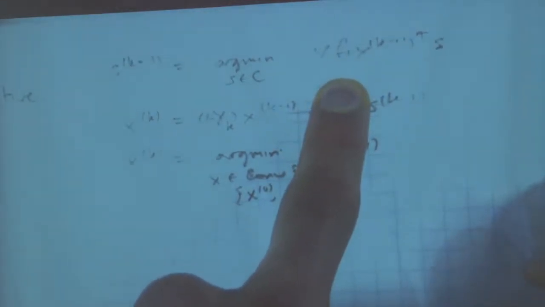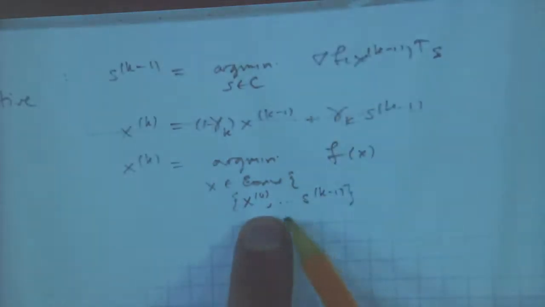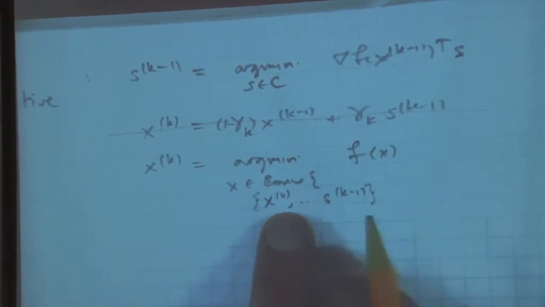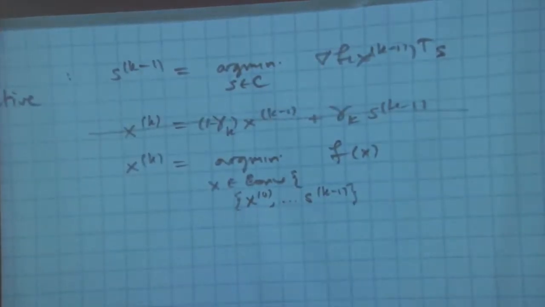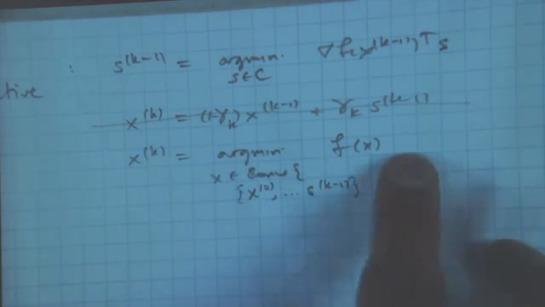Each of these are atoms, that's one term people use for them, in the sense that they mark the location of the linear minimizers. We collect all those atoms and the initial point, and the fully corrective version allows us to choose very greedily the minimizer among this convex hull. Of course this is much more expensive than the Frank-Wolfe update.